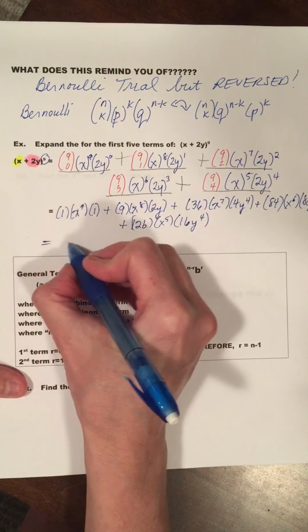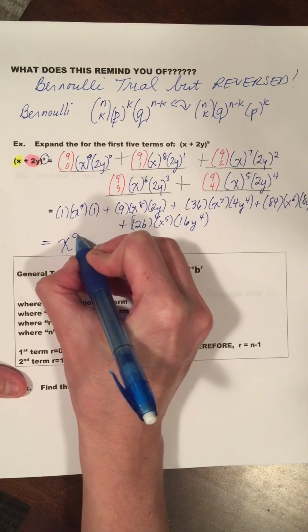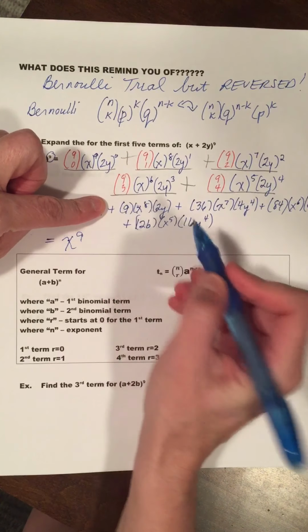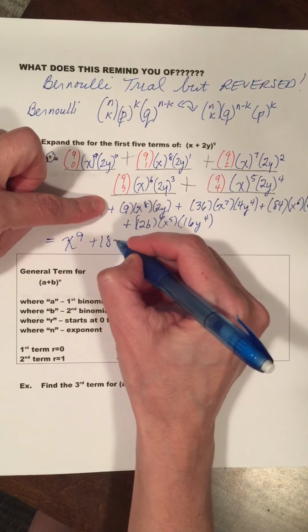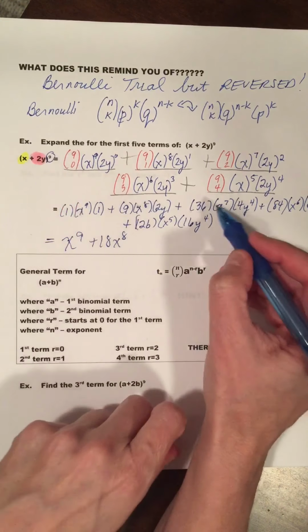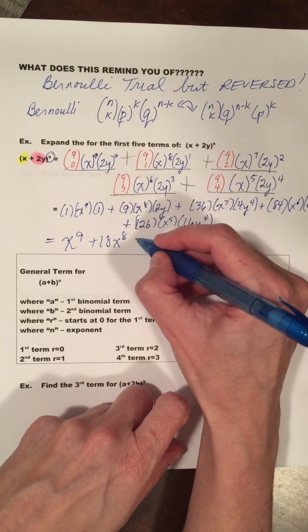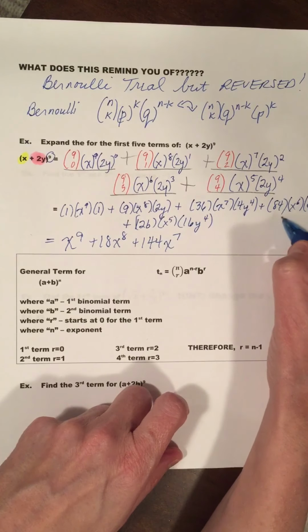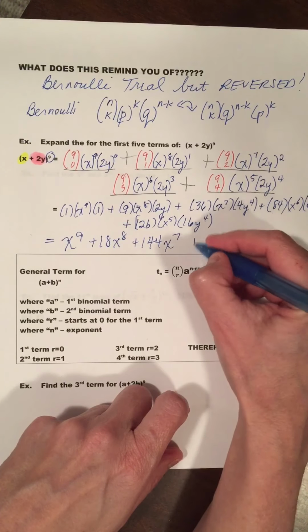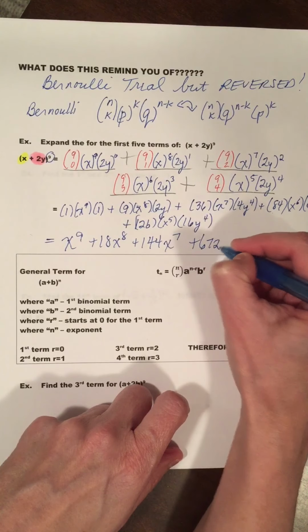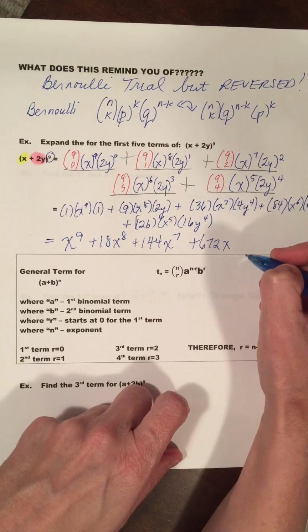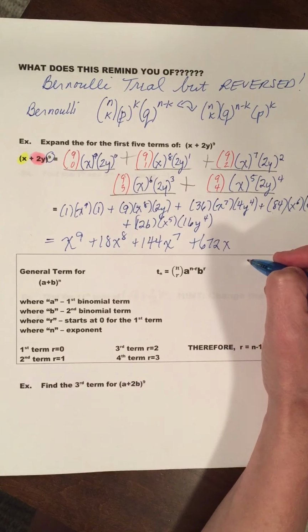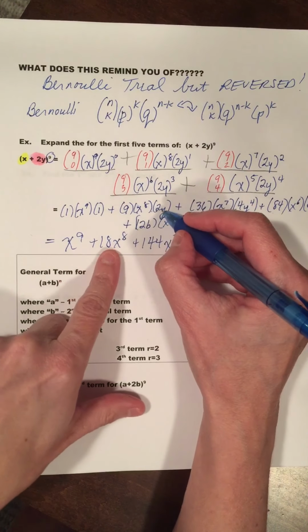Keep cleaning up. X to the 9. 9 times 2 is 18, x to the 8. 36 times 4, 144, x to the 7. 84 times 8, 672. Uh-oh, did I make a boo-boo? Yes, I most certainly did.